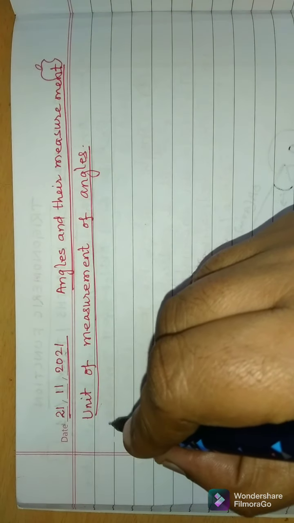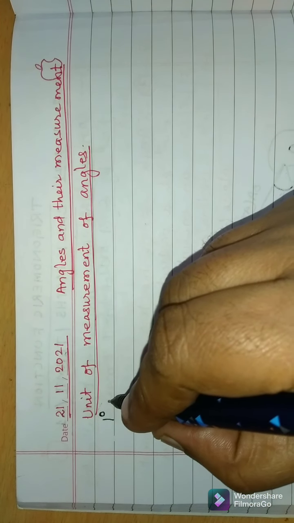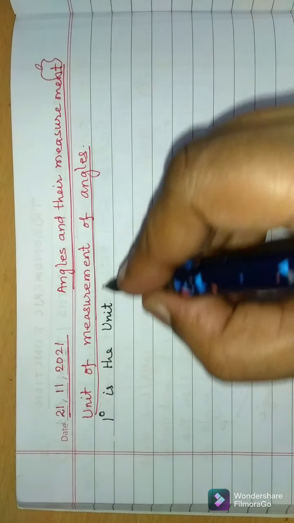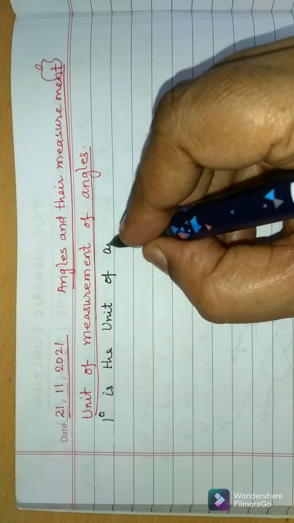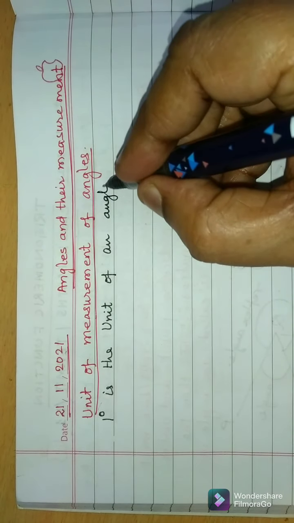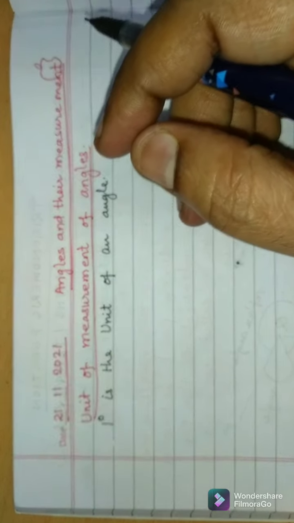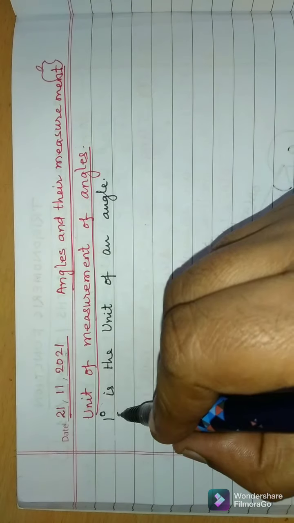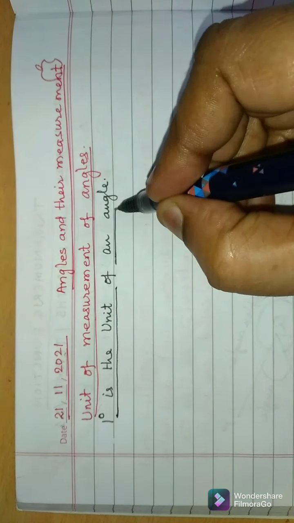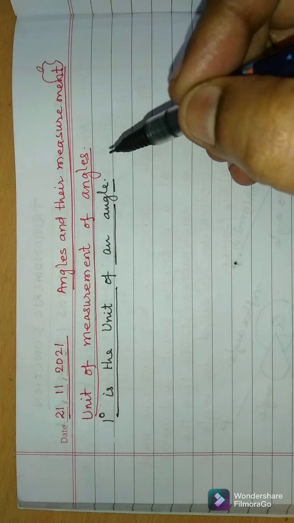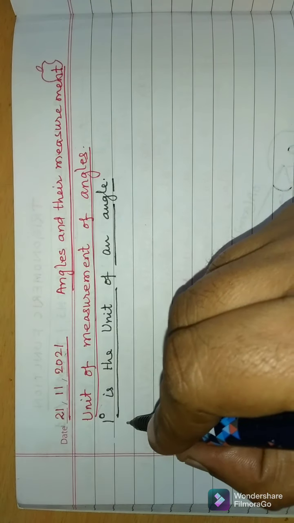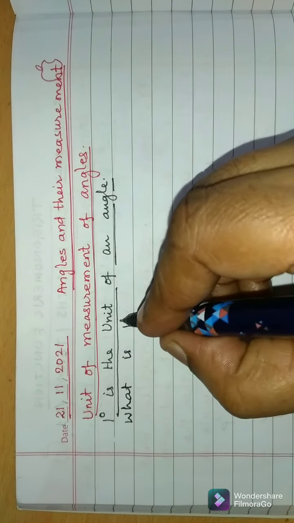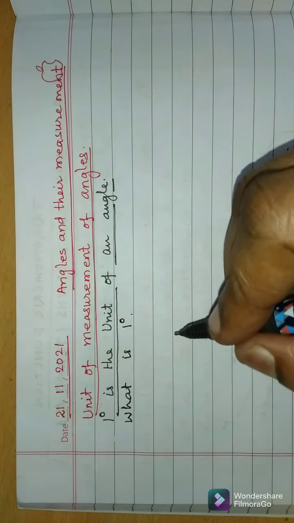Earlier in class 10th, 1 degree is the unit of an angle. The smallest angle is 1 degree, and then 1 minute is an even smaller angle. But in general, in lower classes up to class 10, 1 degree is taken as the unit of an angle. So what is 1 degree?